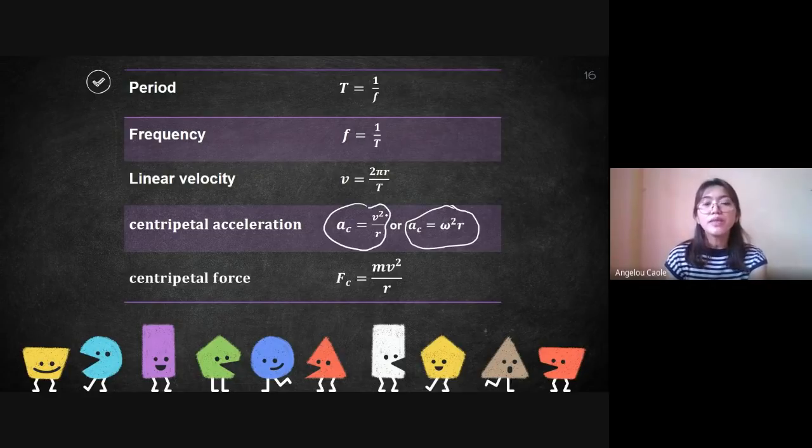I repeat, when the velocity is in meters per second, use ac is equal to v squared over r. But if the velocity is in rad per second, use this equation. I hope that's clear. For the centripetal force, we have Fc is equal to mv squared over r. Computations of circular motion are relatively far easier than the projectile motion.